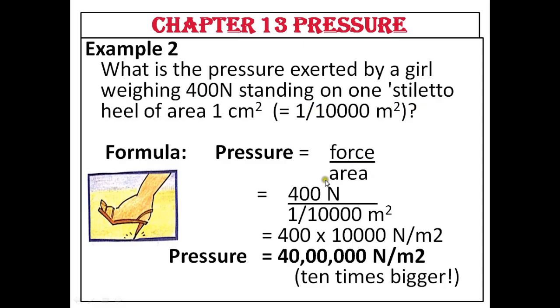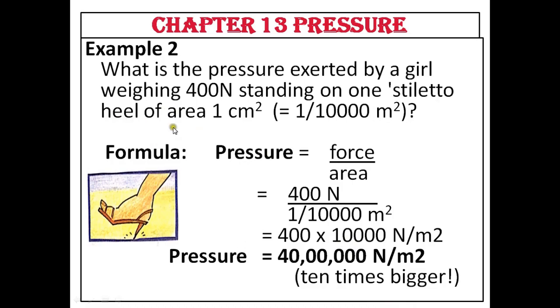Put these values in the formula and let's see the answer. 400 multiplied by 10,000 gives you 40 lakh newtons per meter square, which is 10 times bigger than the amount told to us.